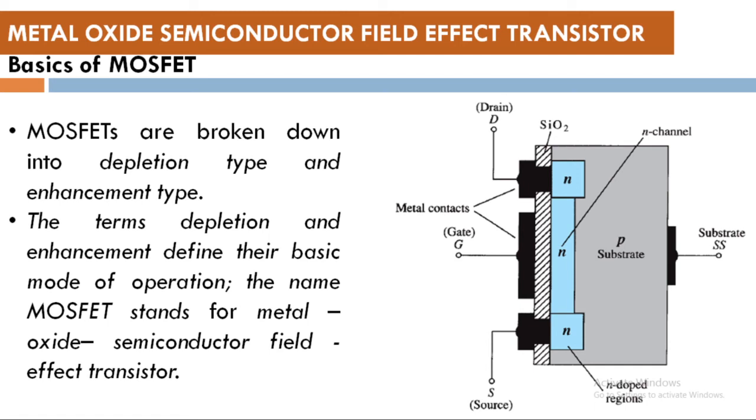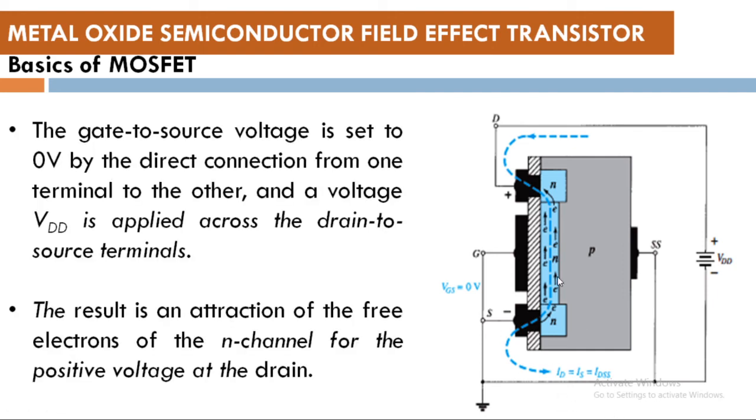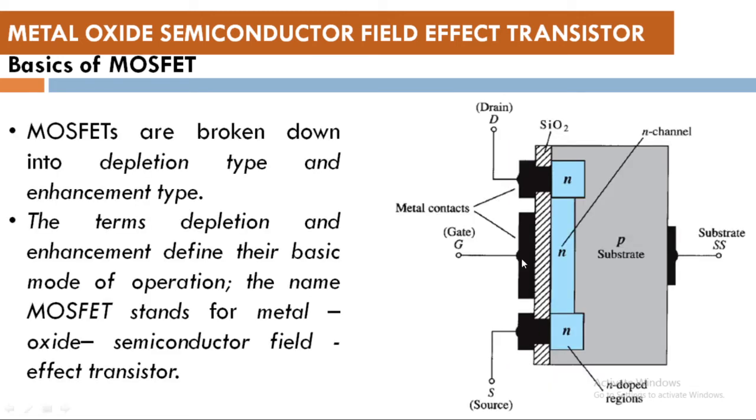Okay, now let's try to understand the working of it. I just forgot one thing to tell you. Usually here we can see there are 4 terminals, right? Drain, source, gate and substrate, which is given by SS.